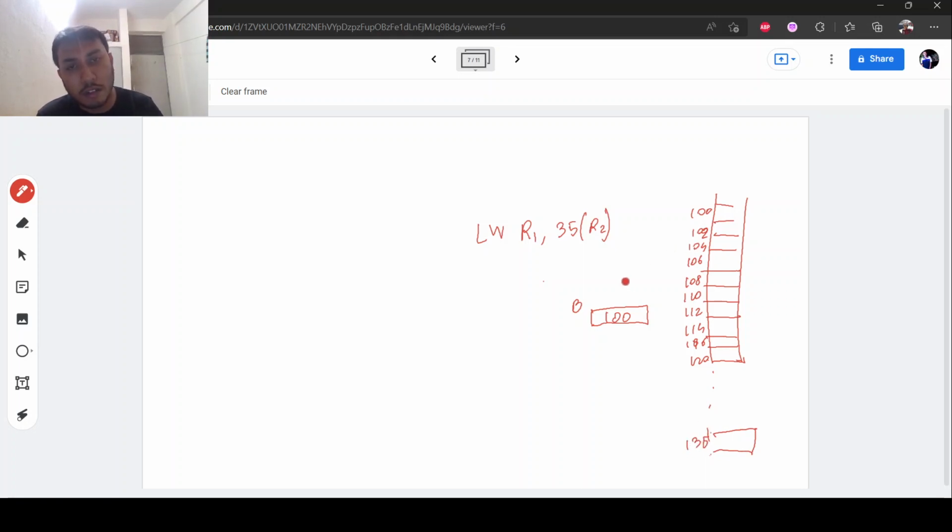So the instruction says load the data from the 35th. Sorry. So suppose it is this location, that is 35th from this address location.